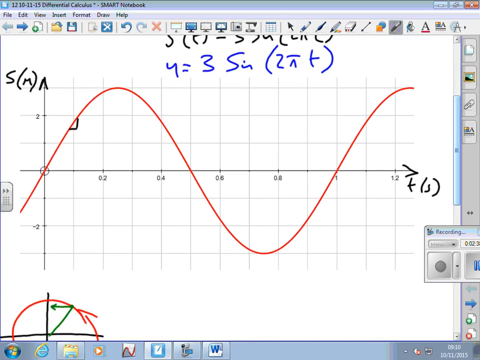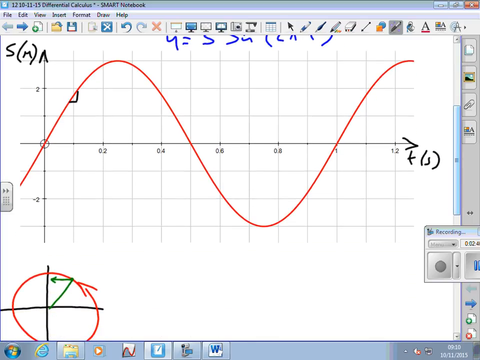Here's one function. We've looked at it in the past. A sine wave. And it's to do with the rotation, as we've discussed, anti-clockwise like that. So something's rotating.